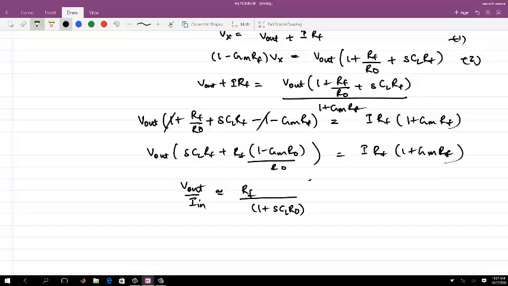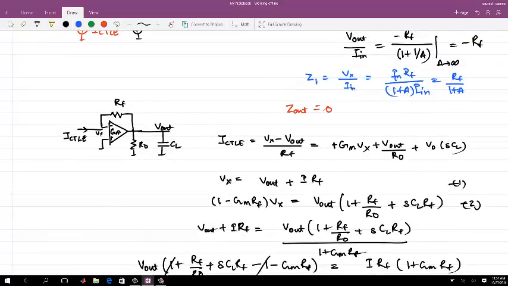What GM? No, GM is a transconductance block which I am using.